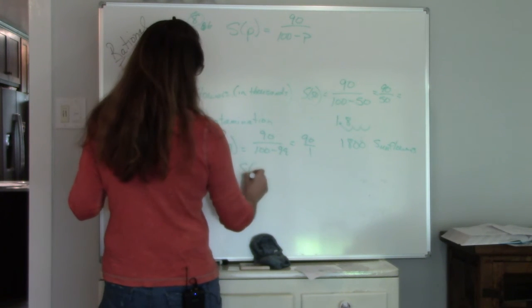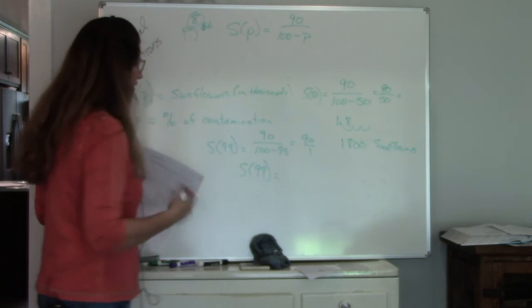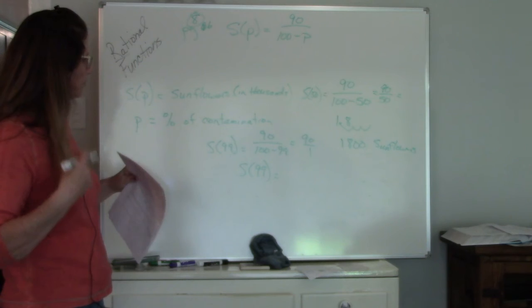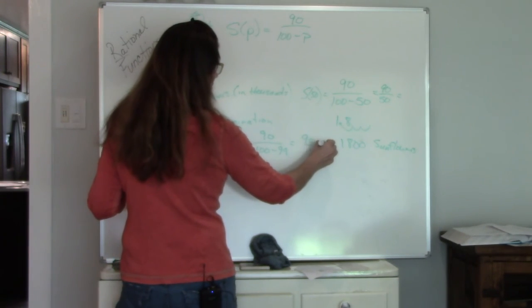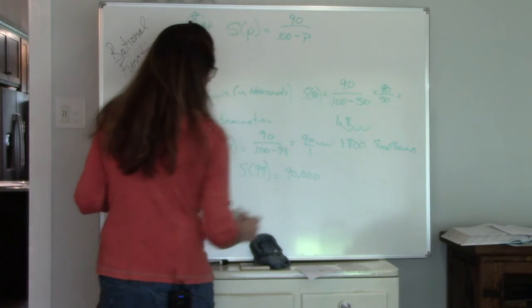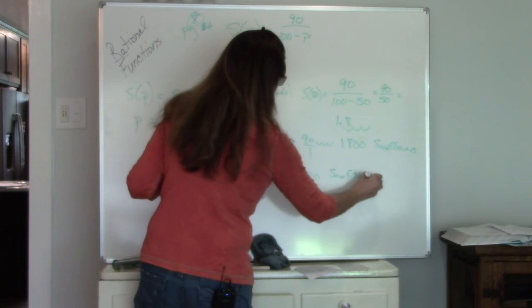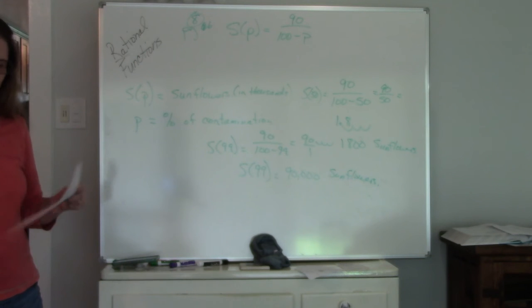So the number of sunflowers I need to plant in order to have 99% contamination removed is 90. Remember, we're moving our decimal point over 3 places because it is in thousands. So I need 90,000 sunflowers to remove 99% of the contaminants, okay?